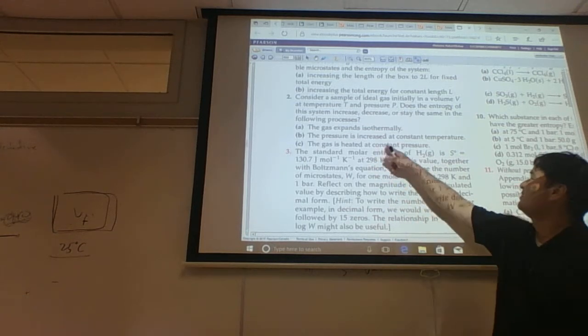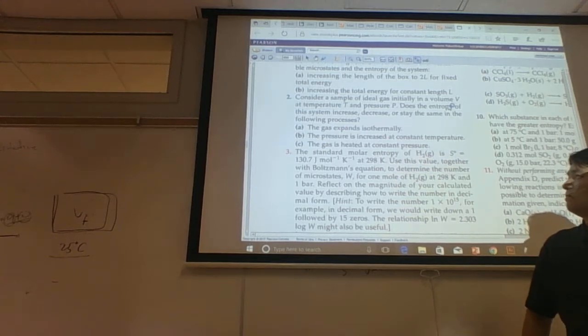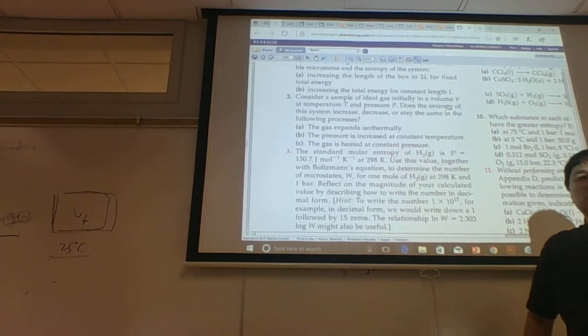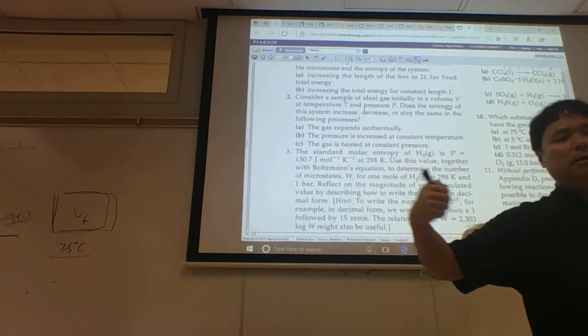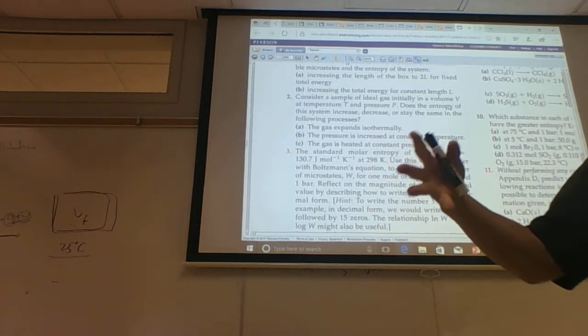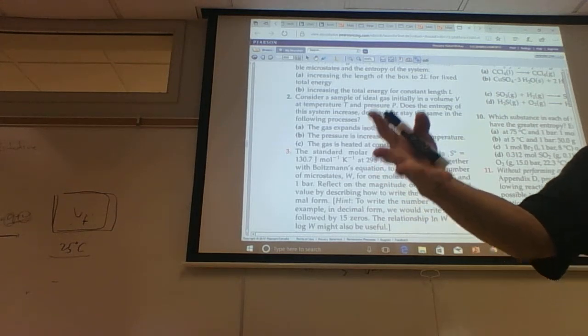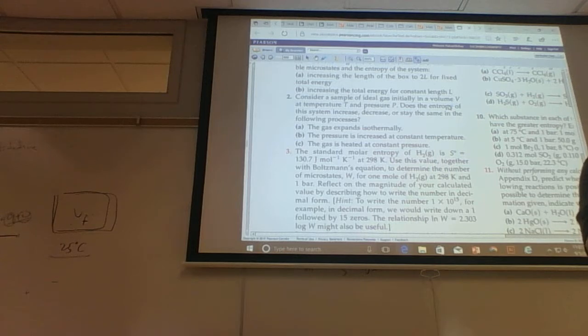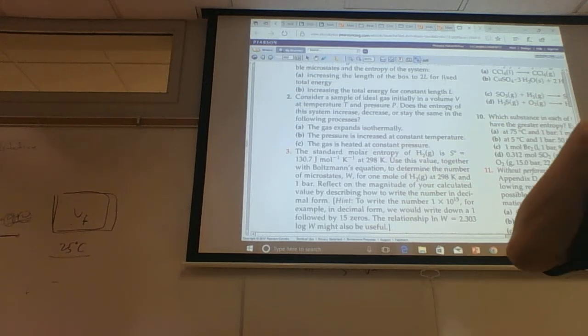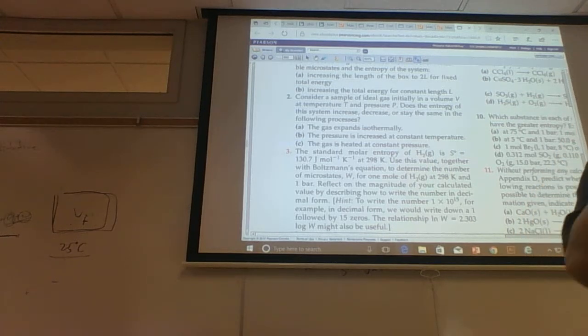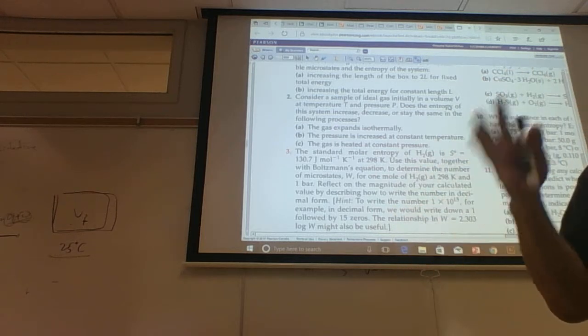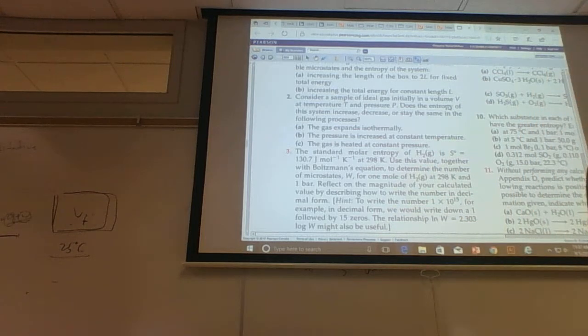The pressure is increased at constant temperature. So we increase the pressure, and so that means the system volume contracts. If the system volume contracts, the surroundings volume had to increase. If the surroundings volume increases, that means the surroundings does the work, the surroundings loses the energy, and the system gains the energy.